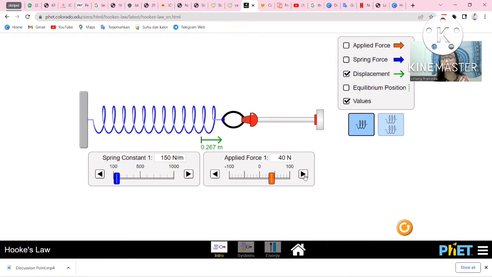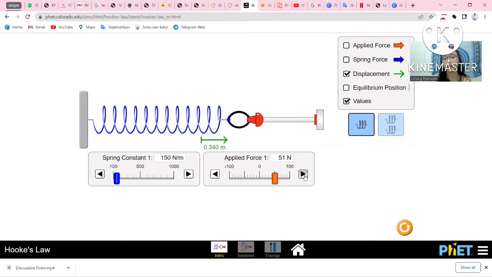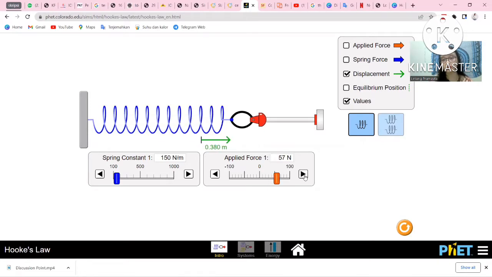We can see the displacement value is 0.267 meter. And when we add more force, we add 60 Newton. We can see that the displacement value is 0.4 meters.